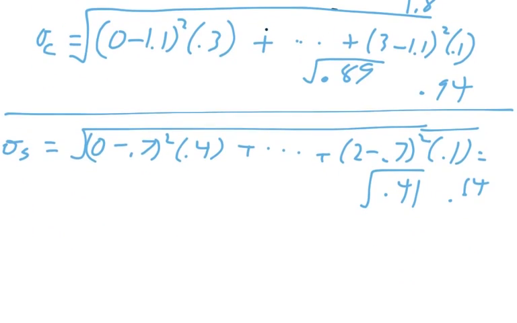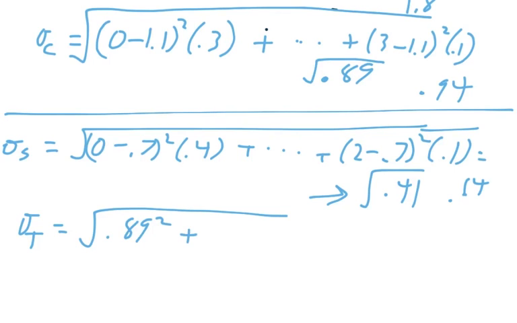Now when I do this particular problem, where I'm doing the standard deviation of the total, I cannot just add these together because these are roots. And we cannot add together roots. So what I have to do is square them first, and then take the square root of the total.